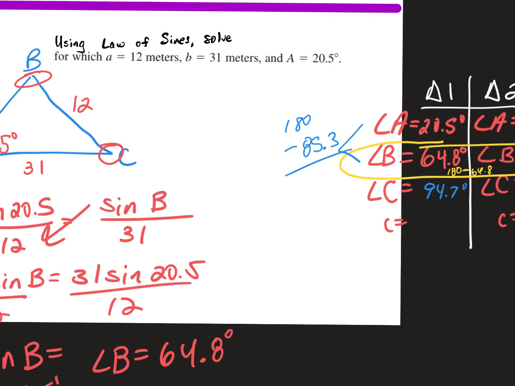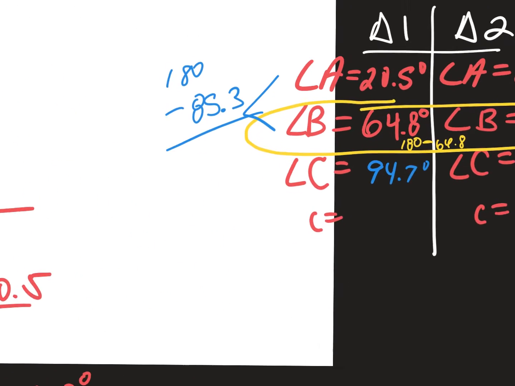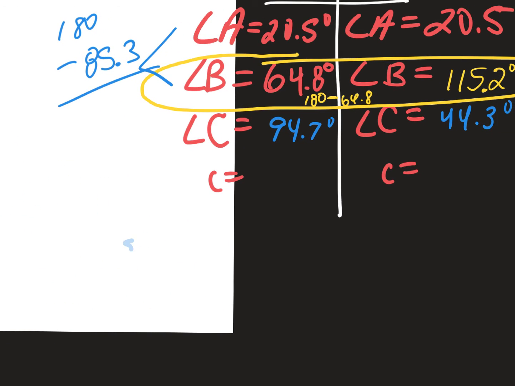Go back to your original law of sines. We used sine 20.5 over 12. That's in both triangles. So I'm going to say sine 20.5 over 12 equals, in the first triangle, we found that angle C was 94.7, over little c.